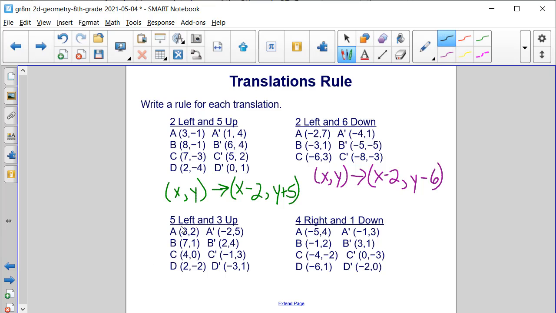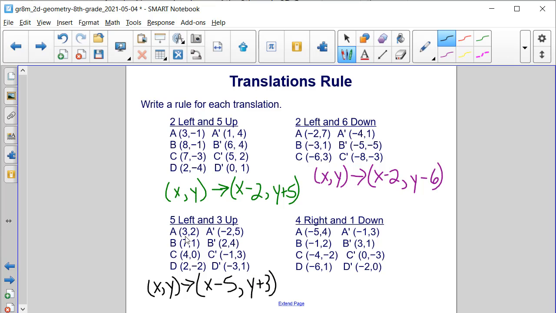We're going to the left 5. So we're starting with x comma y. And left means subtraction of x by 5. And then we're going 3 up. 3 up means we're taking the y-coordinate and we're adding 3 to it.